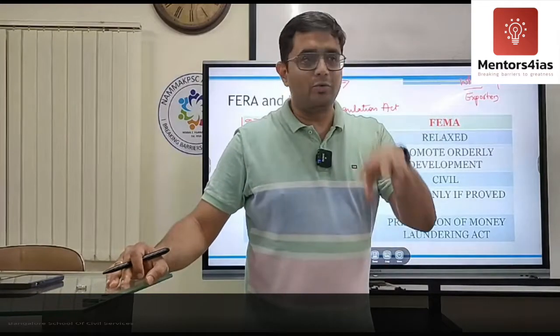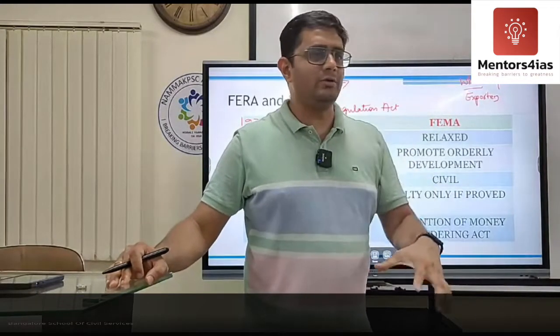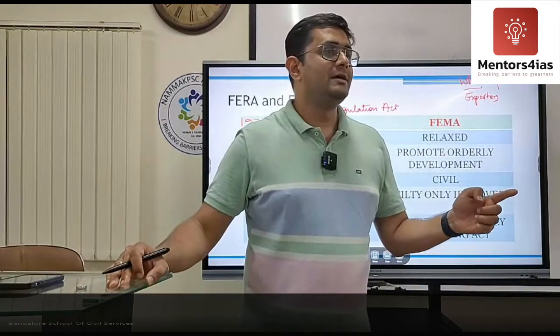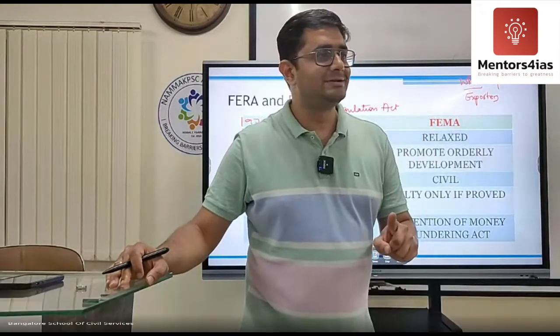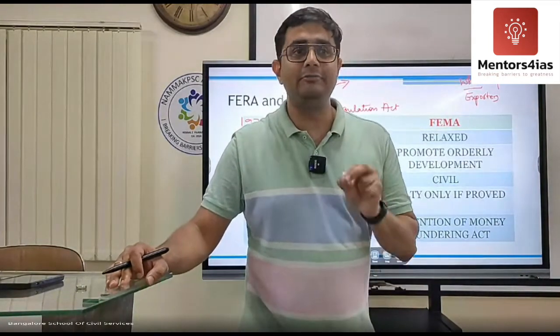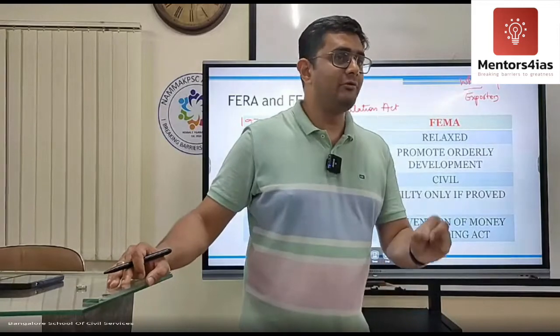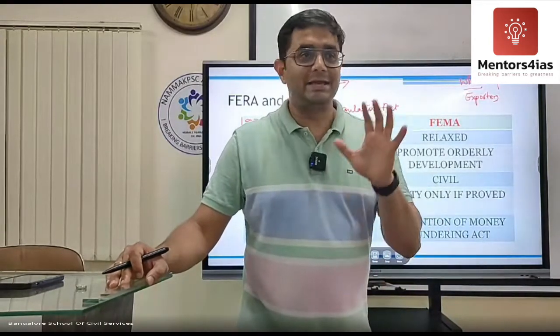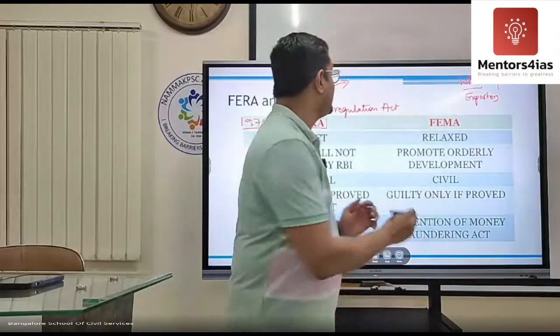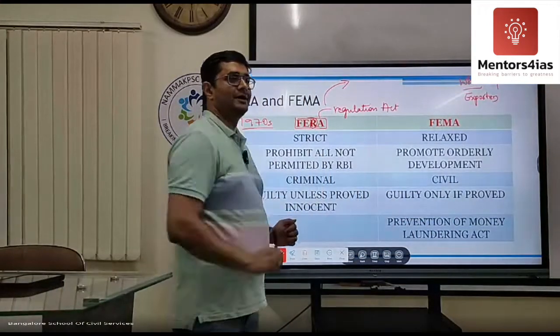So whoever owns dollars, investors and so on, anybody who is having dollars in India had to surrender them to the RBI because there was a shortage of dollars. There was scarcity of foreign currency. Therefore, the external sector was heavily regulated by the government, hence the word regulation.